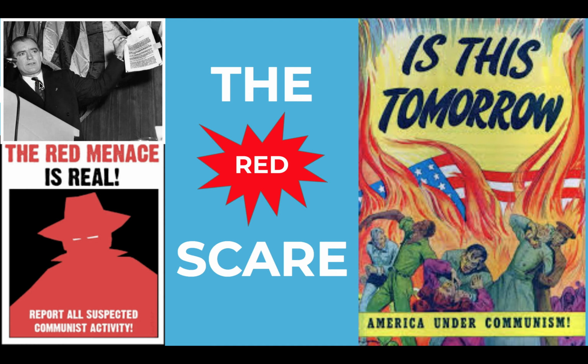And essentially what he did was he argued that he had a list of communists or communist sympathizers that had very influential positions in U.S. society. Some of them were actors.